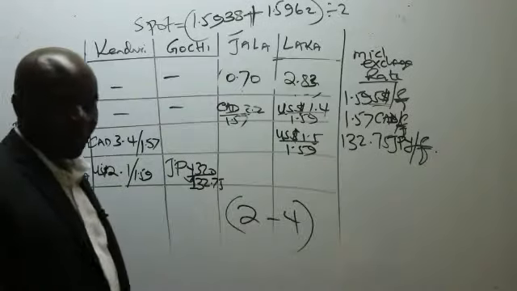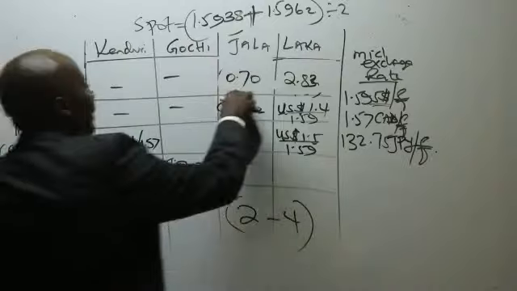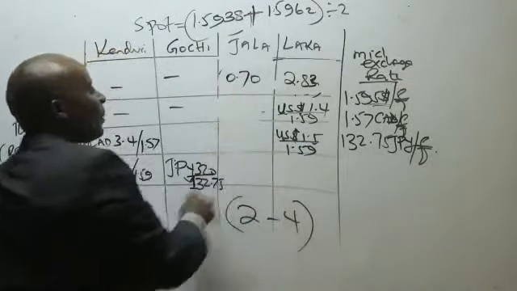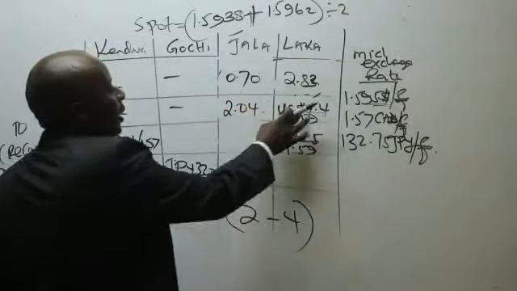Abracadabra. Somebody is telling me that mwalimu, your table is very nice because I'm only adding and deleting. So mniambia mwalimu hapa sasa sema ni 2.04. Twende haraka sasa 2.04.